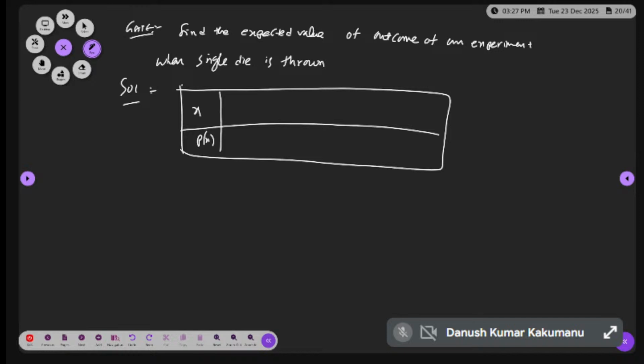What are the sample points? 1, 2, 3, 4, 5, 6. You are understanding? What is the probability of the 1? 1 by 6, 2 also, 3 also, 4 also, 5 also.